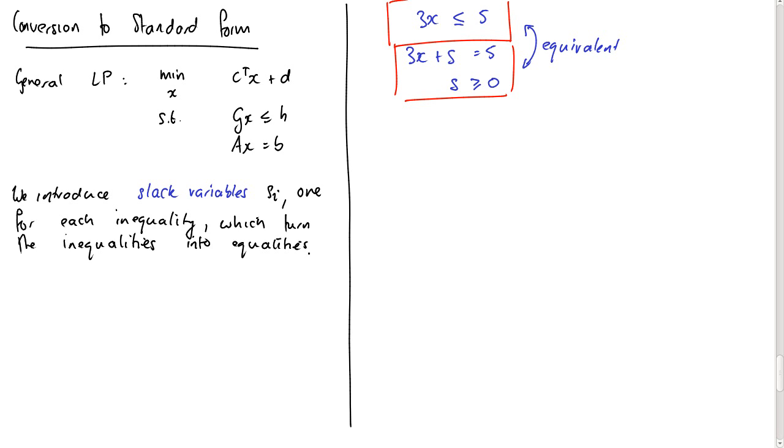So LP becomes: minimize over X, C transpose X plus D. I'm actually going to get rid of the plus D because we don't need it. Subject to Gx plus S equals H and Ax equals B, and now S is greater than or equal to 0. Okay, so that's an equivalent linear program, and we've taken these inequalities and we've now turned them into equalities.